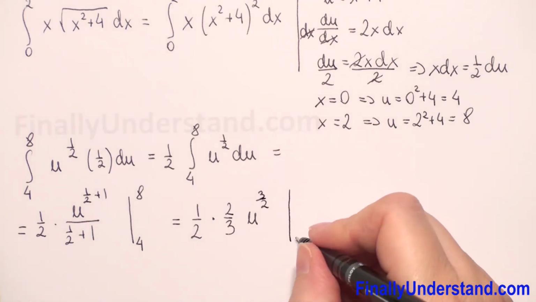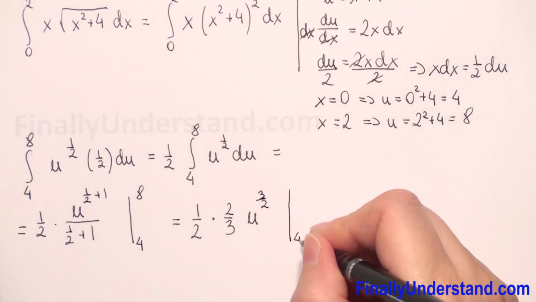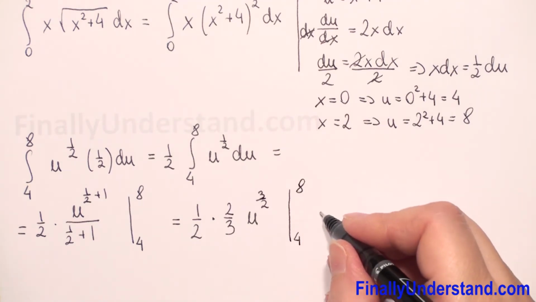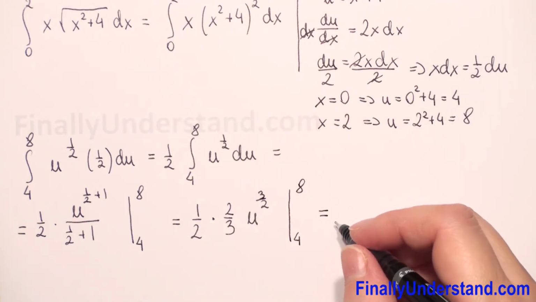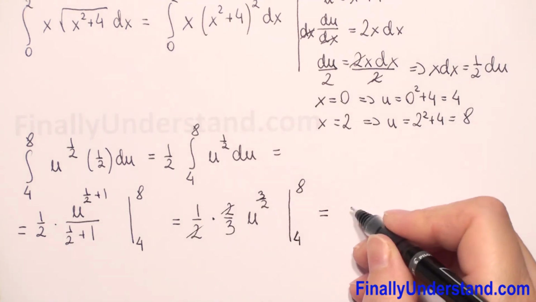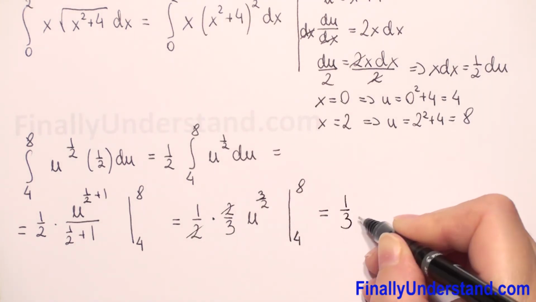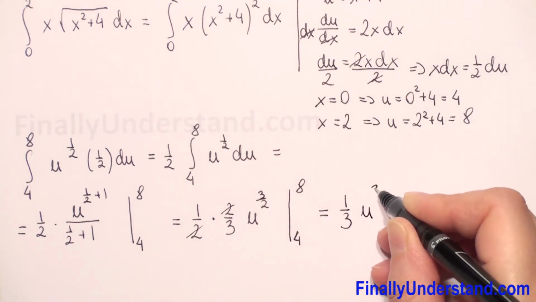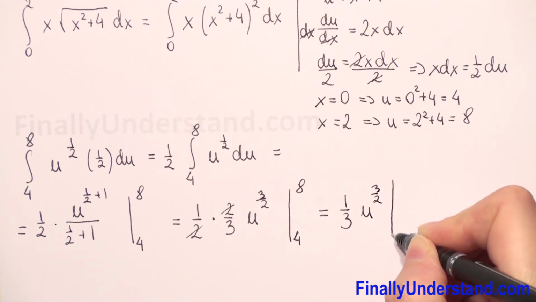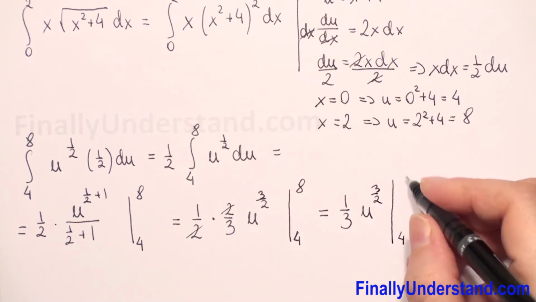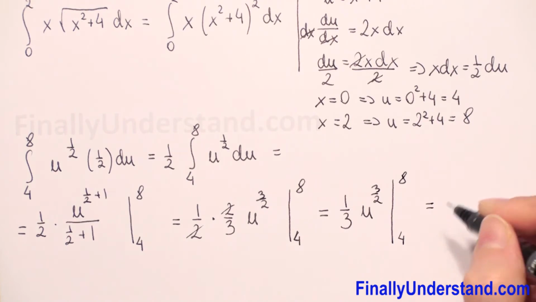And we have to find lower and upper limit. This is equal. So 2 and 2 we can reduce. We have 1/3 u to power 3 over 2 and vertical bar from 4 to 8. This is equal.